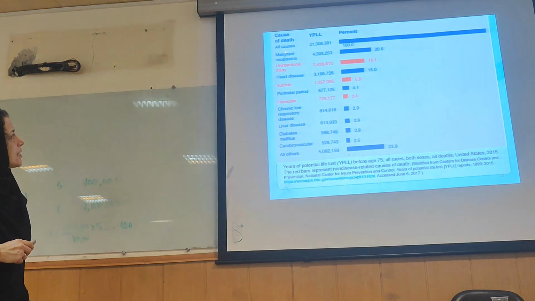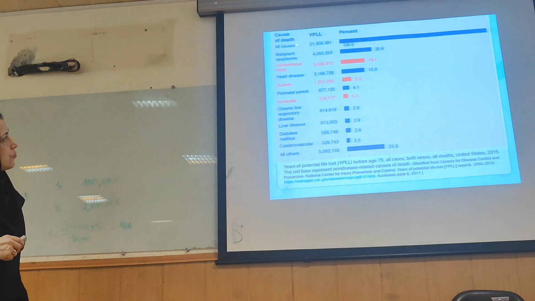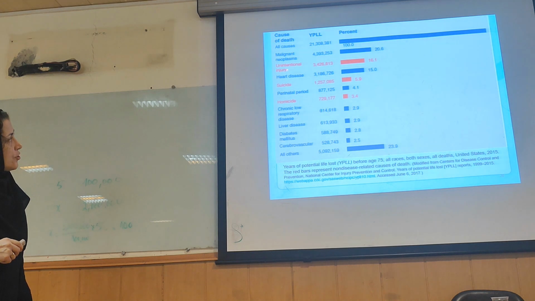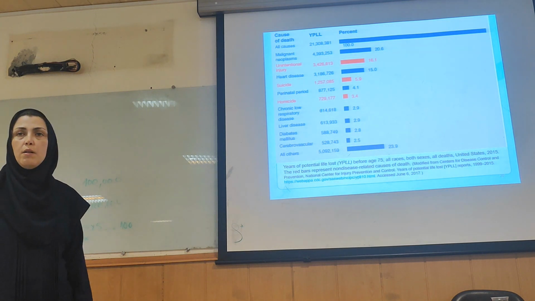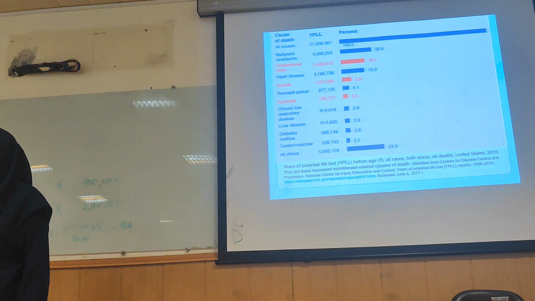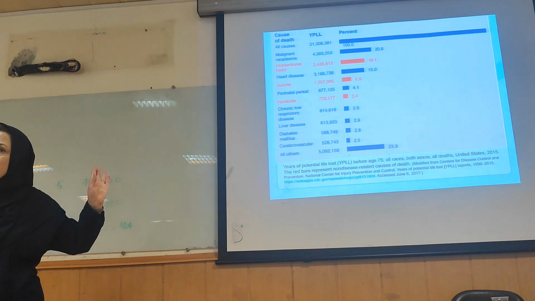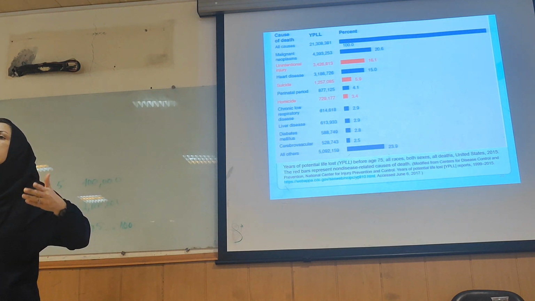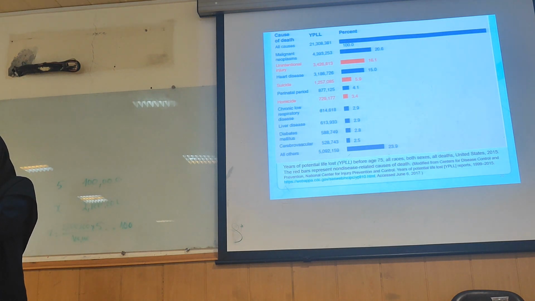Okay? Here you can see that 21 million years of potential life lost were related to all causes. Malignant neoplasms, 4 million. Unintentional injury, 10 million. Heart disease, 10 million. So based on this, you can prioritize your intervention.